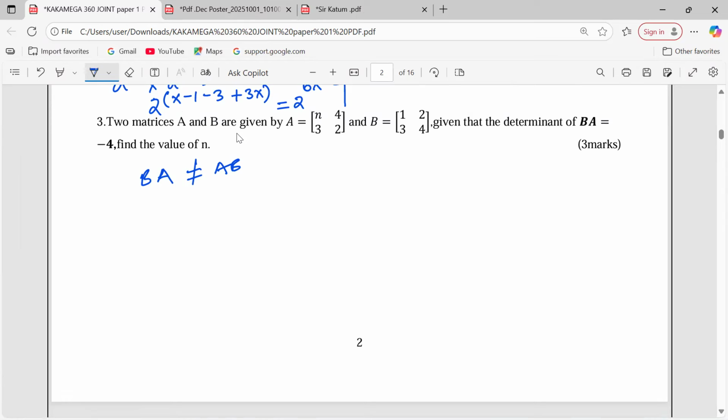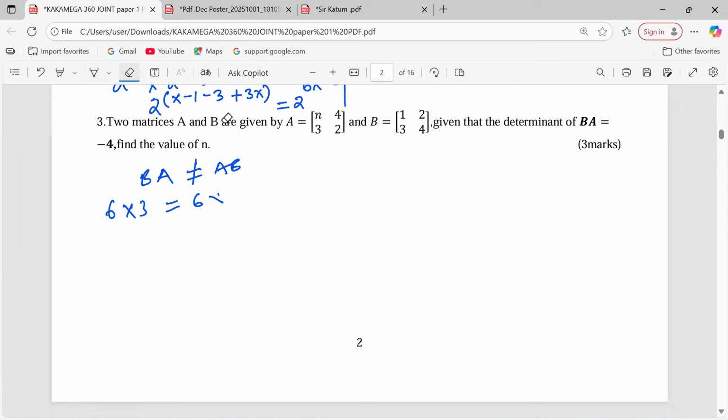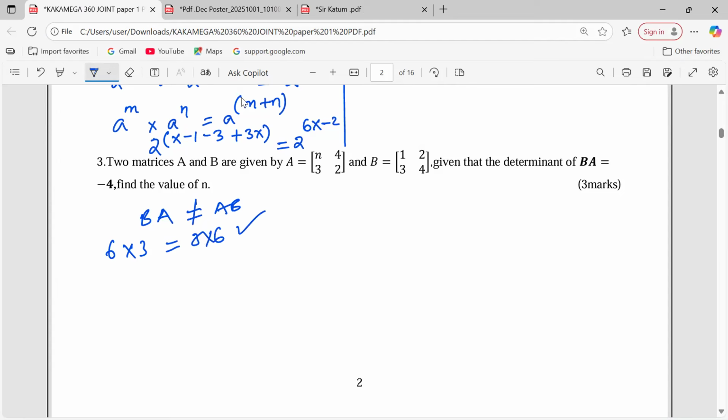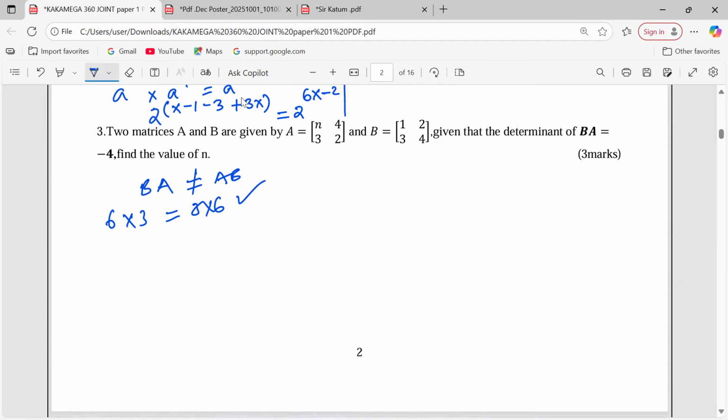It's not like in normal numerical problems where we can say 3 times 6 equals 6 times 3. But when we are talking about matrices, when you reverse the positions, it totally brings a different meaning.